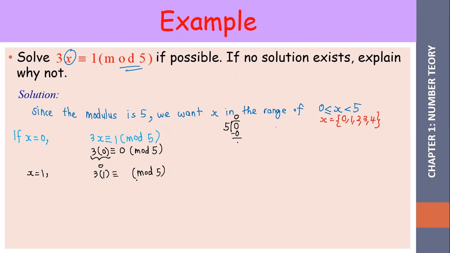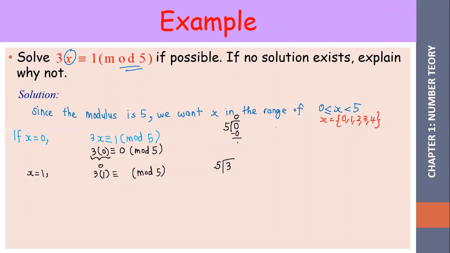Okay, 3 mod 5, you get 3. Okay, this is a tip. When you have a dividend smaller than the divisor, then the remainder is equal to the dividend.